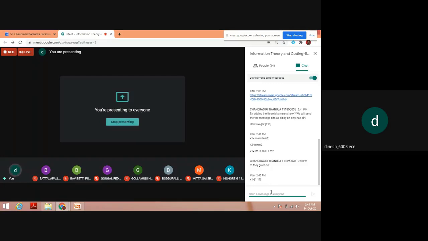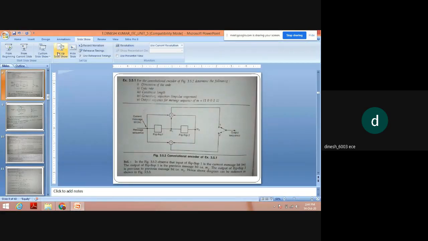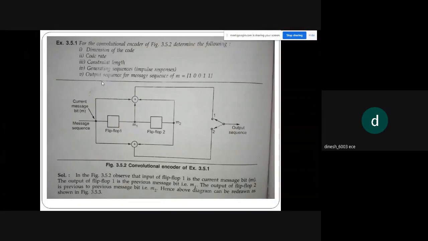Okay, first see the diagram. I'll show you the diagram again. Fifth one is a separate subdivision. In the diagram, they didn't give m is equal to 1, 0, 0, 1, 1. They had given only m. You can see the output sequence.